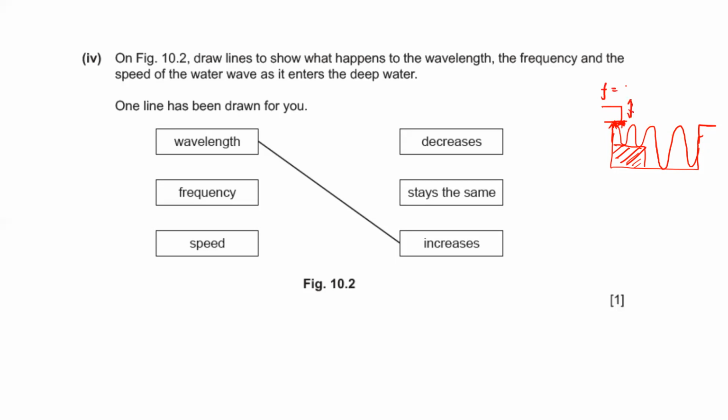So the frequency is fixed. This is the key concept here, because sometimes people make mistakes. In v equals f lambda, the wavelength here is more, so they simply make the mistake of saying the frequency will decrease. But the frequency stays the same, and the wavelength is increasing. So what happens to the speed?